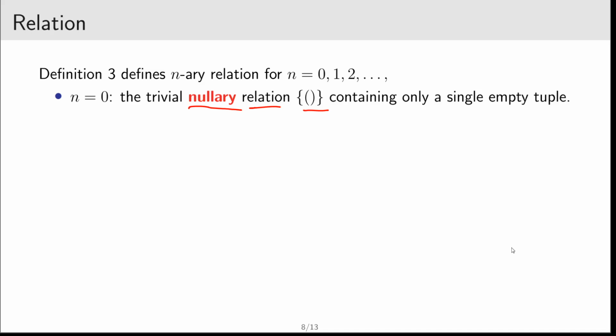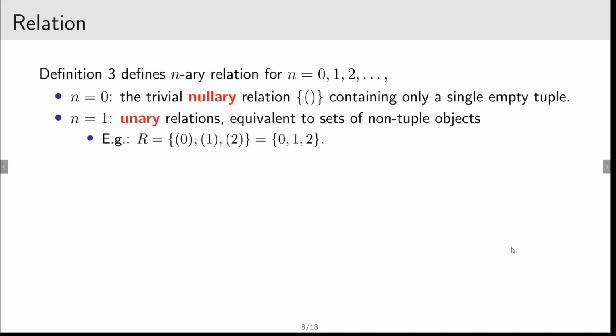And this relation is called the nullary relation. There is only one of these. Now, if n is equal to 1, then we call the relation unary relations, which is equivalent to sets of non-tuple objects. Remember, a one tuple could also be written without the parenthesis.